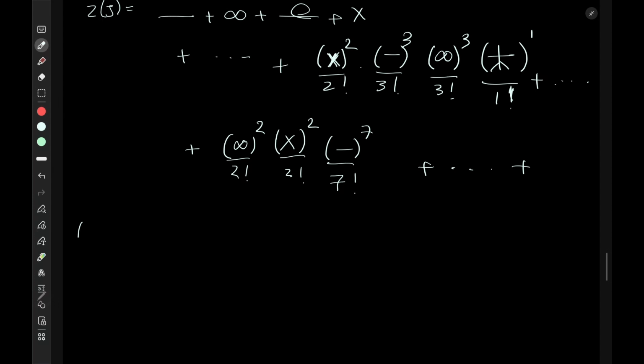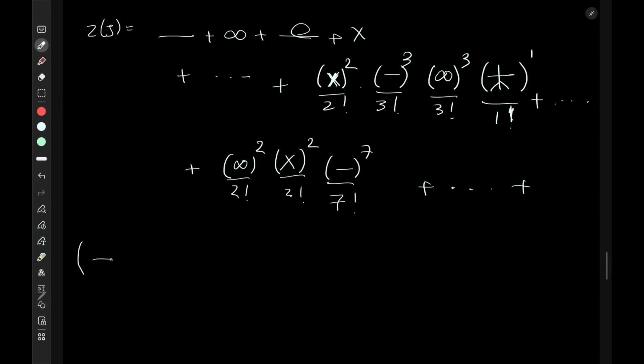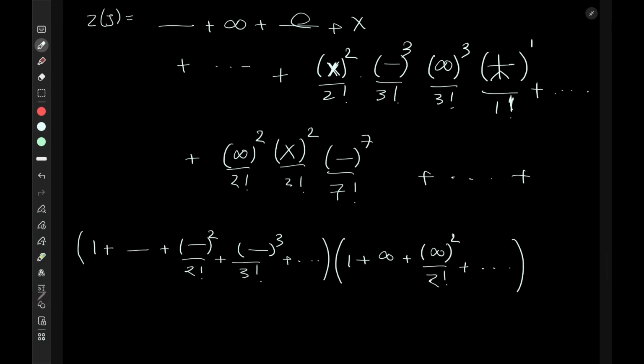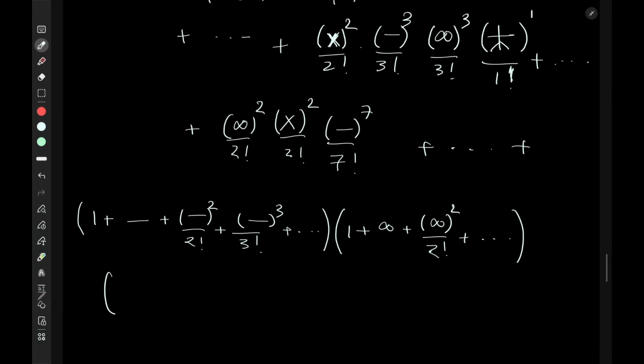I can write this as follows: 1 plus line squared over 2 factorial plus line cubed over 3 factorial, and so on, times the other diagram, 1 plus this infinity diagram plus infinity square over 2 factorial, and similarly infinity cube over 3 factorial, and so on, times the other connected diagram, which is x, so 1 plus x square over 2 factorial.